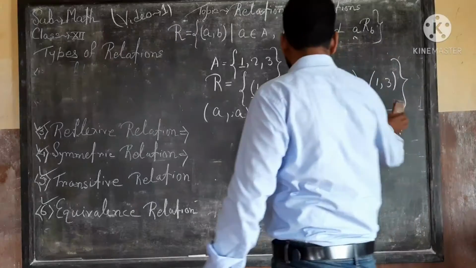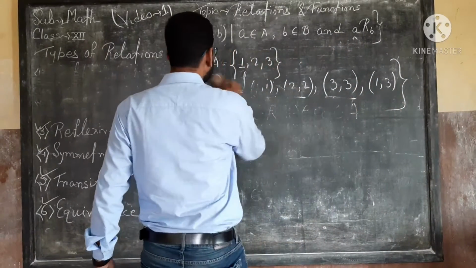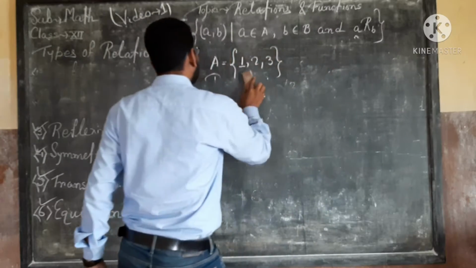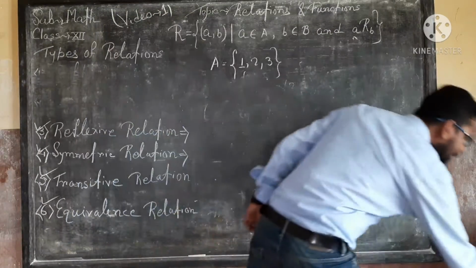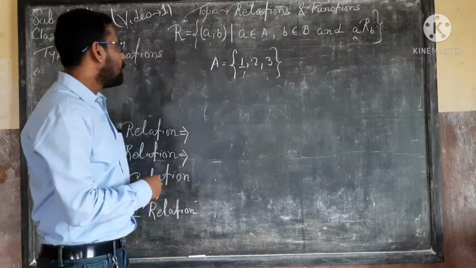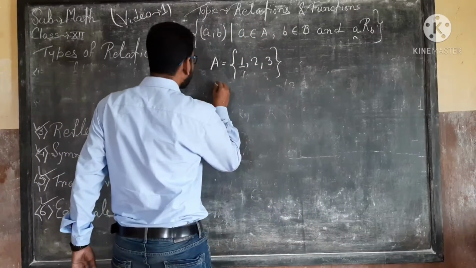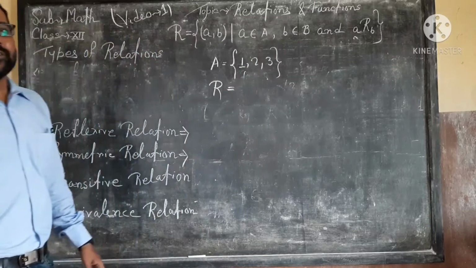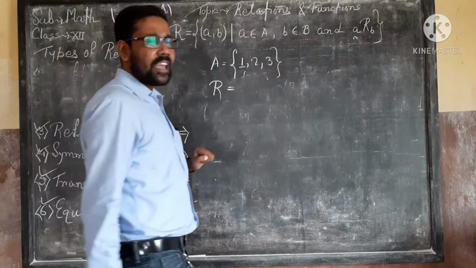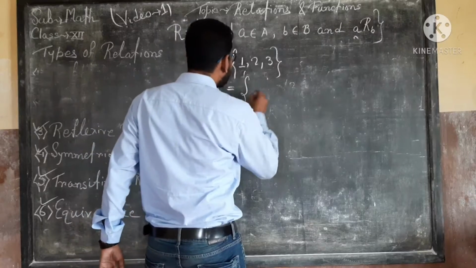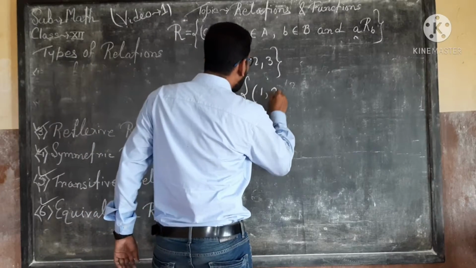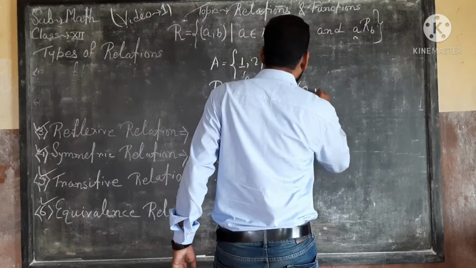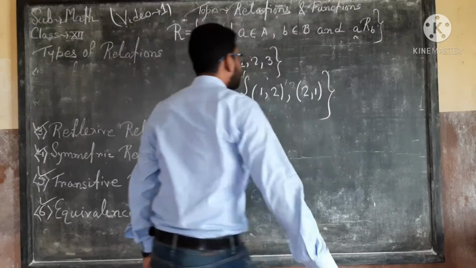Next one. What is the example for the symmetric relations? The symmetric relations, suppose R is a relation in this set A, and this R contains (1, 2) and (2, 1).